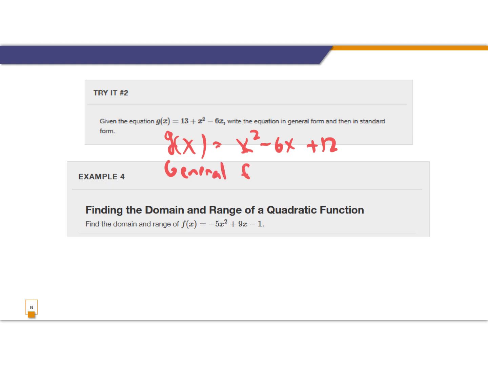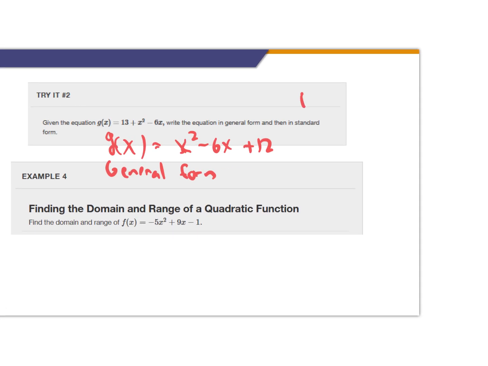Now, you are supposed to put it in standard form. That means find the vertex, and realize A is already going to be a 1. So find the vertex and plug it into, I don't want to use F because they're not using F right now.